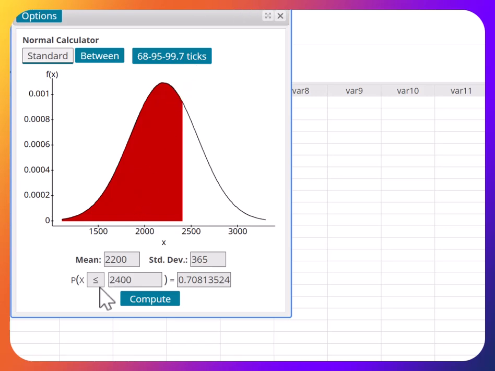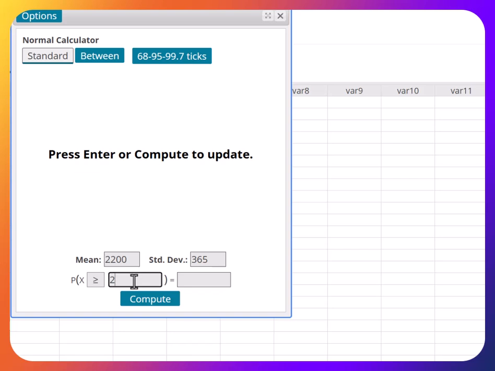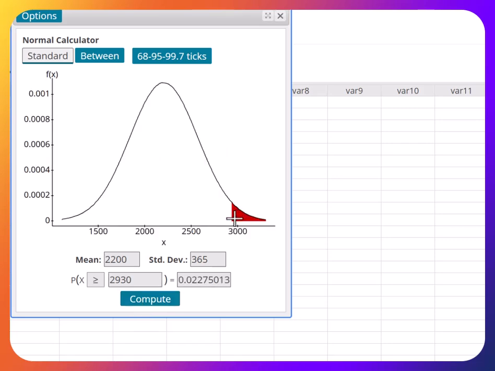So more than 2930, just greater than 2930. And he doesn't want the answer, just wanted to shade it. But this number right here is 2930, and that's the answer, actually 0.0228 if he asks you to find the probability.